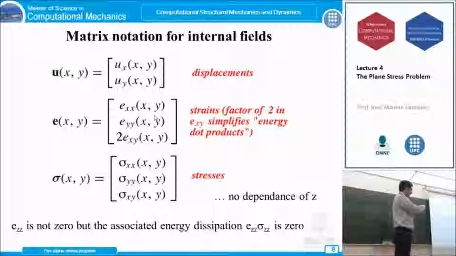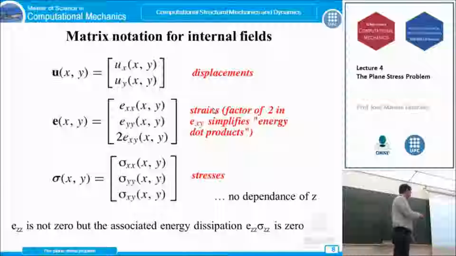And the stress, again, according to these three components of the strain, we have stress in x direction, y direction, and this tangential stress, which are all of them depending on the point of the plate we are working. So all of them are x and y dependent, and they don't have z dependence because we are neglecting the behavior of these magnitudes along the thickness. We consider them as uniform along the thickness.